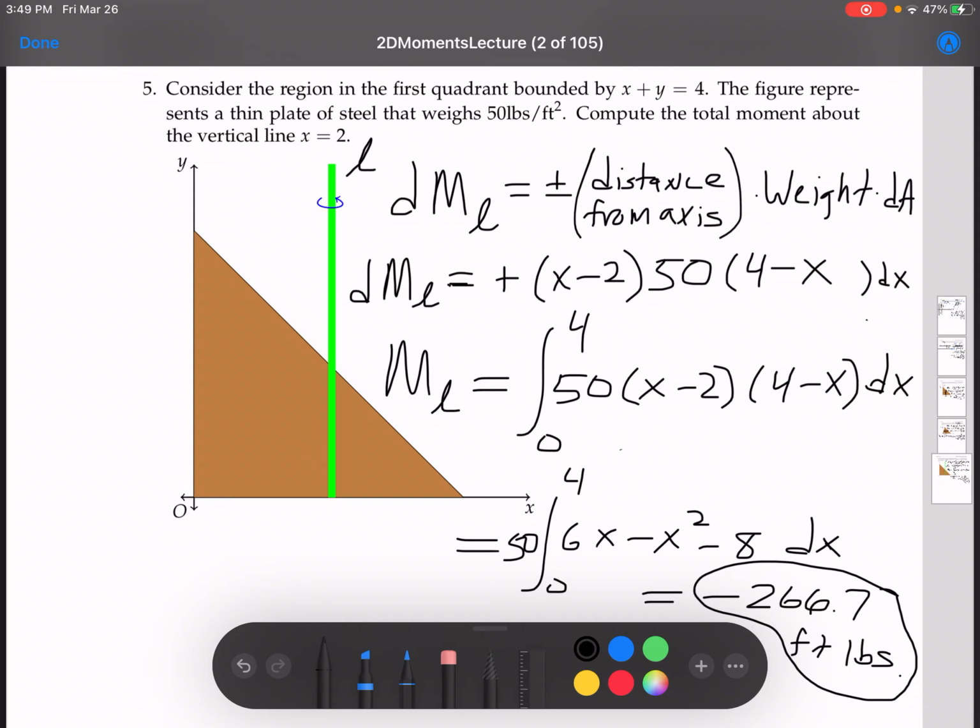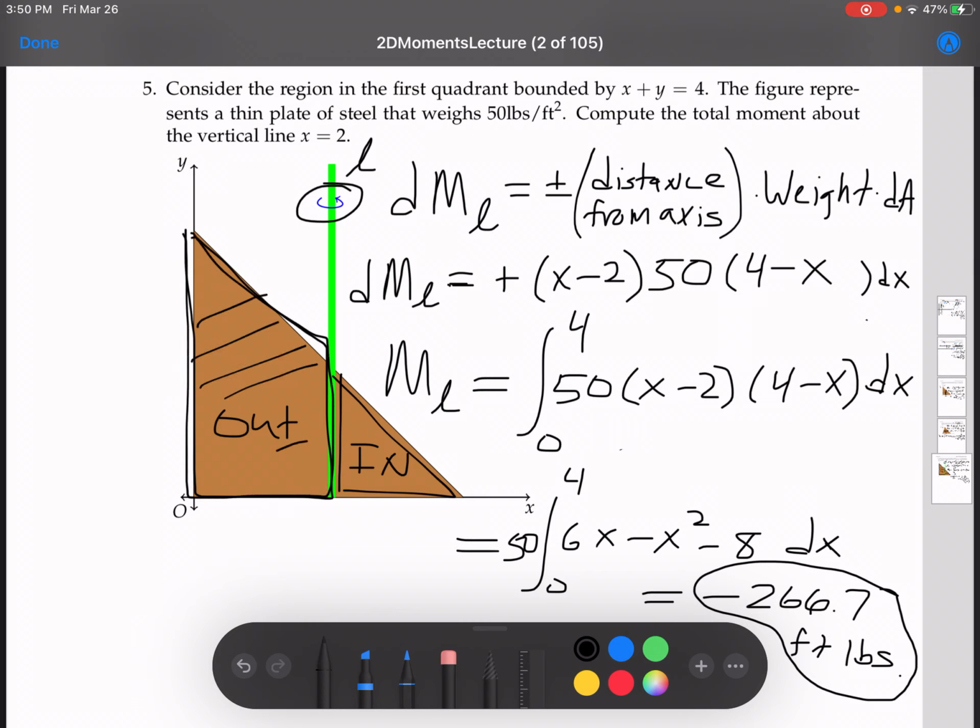Because of this orientation, meaning that this side coming out of the page and this side going into the page is positive. And look how there's way more over here, way more in the out part. So it makes sense that the out part would actually rotate into the page, but it's supposed to rotate out to be positive, so that's why it's negative. That's why the overall answer, the moment, is negative.